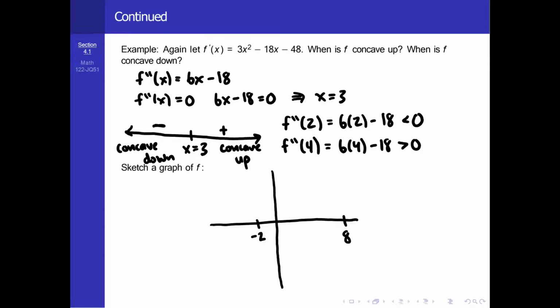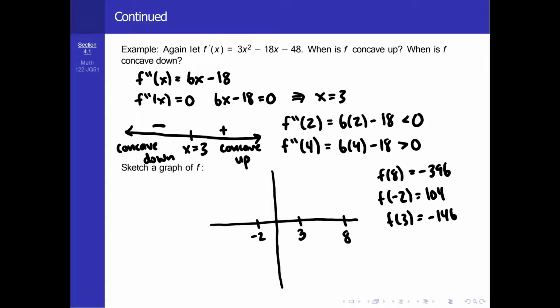But I'm first going to make note of the point x equals 3 as well. And we'll find output values for the 3 of them. So the output value for 8 in our function is negative 396. The output value for negative 2 is 104. And the output value for 3 is negative 146.